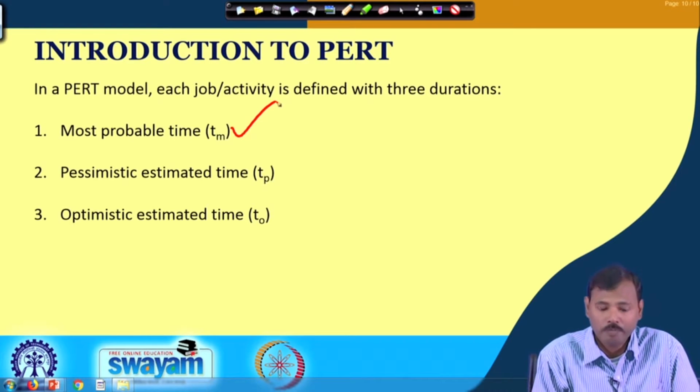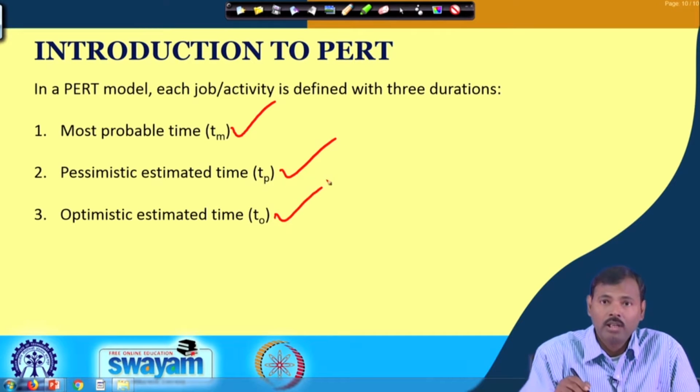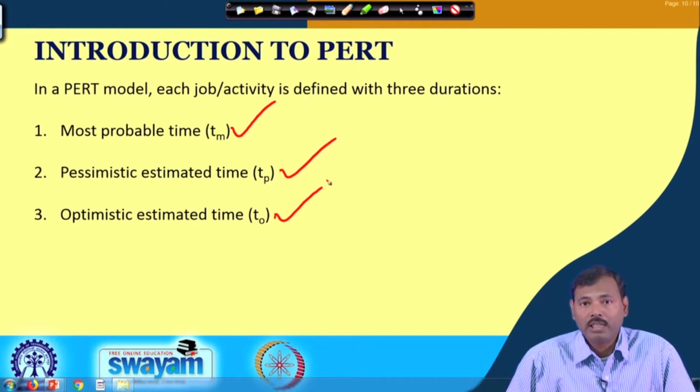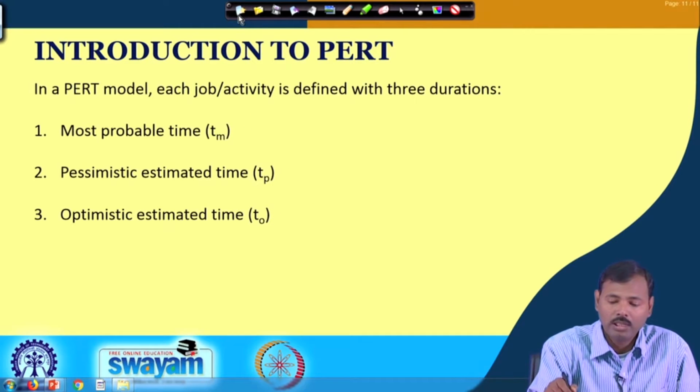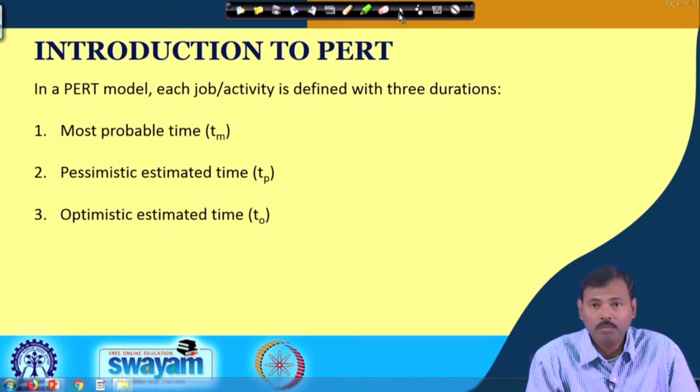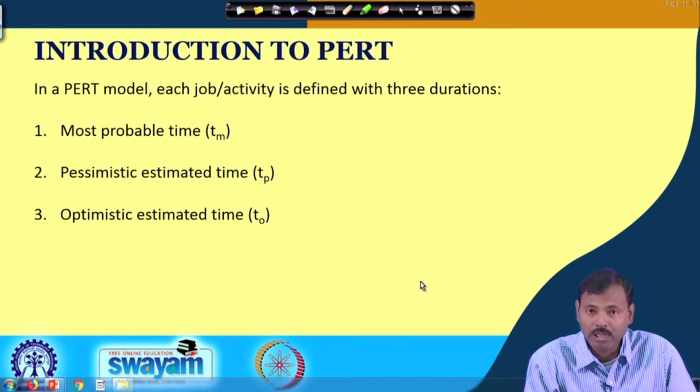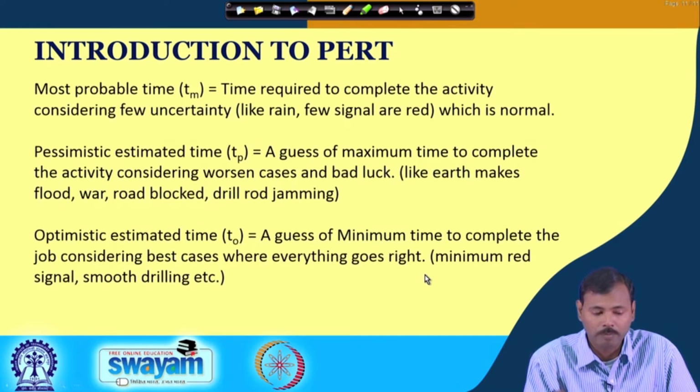As per your understanding, you have considered a most likely time, a pessimistic time, and an optimistic time, but all may fail also. But as per your experience, you are considering these times.